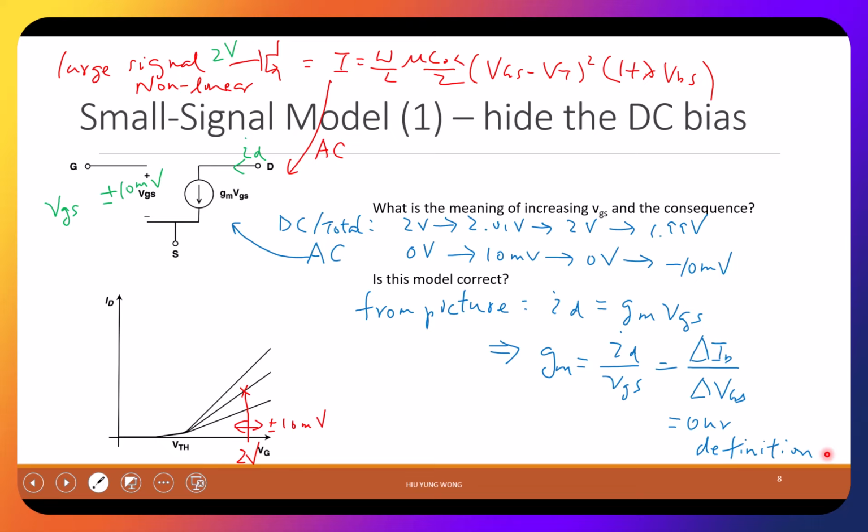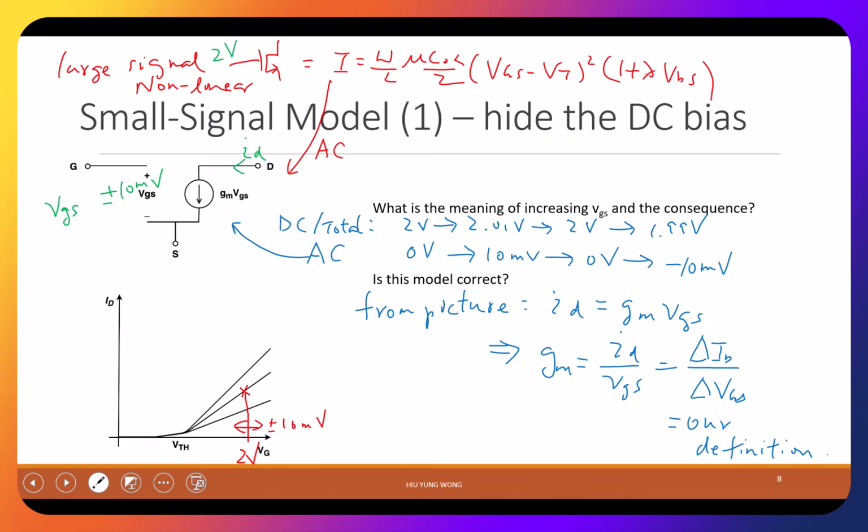To be frank, if you feel confused, I don't need you to really understand everything here. But the point I'm trying to show you is that this circuit indeed captures the GM, the transconductance aspect of a transistor. I show you that the current is given by GM VGS, and based on this, GM equals partial ID partial VGS, which is the same as our definition.